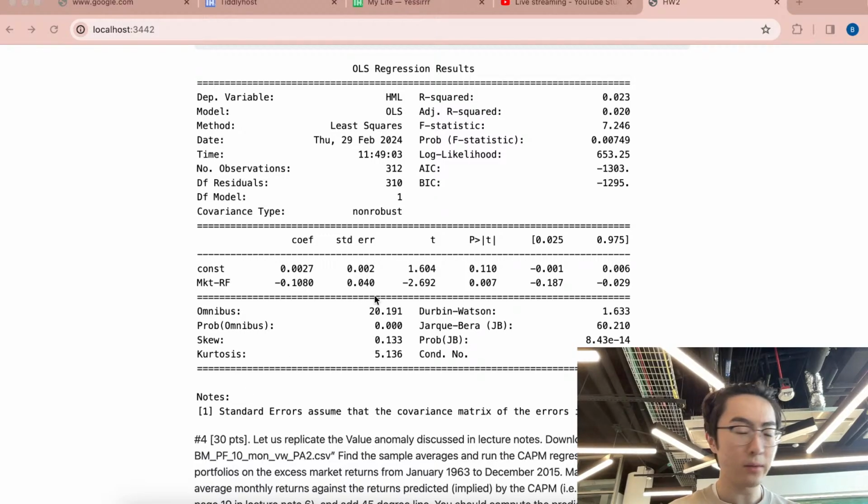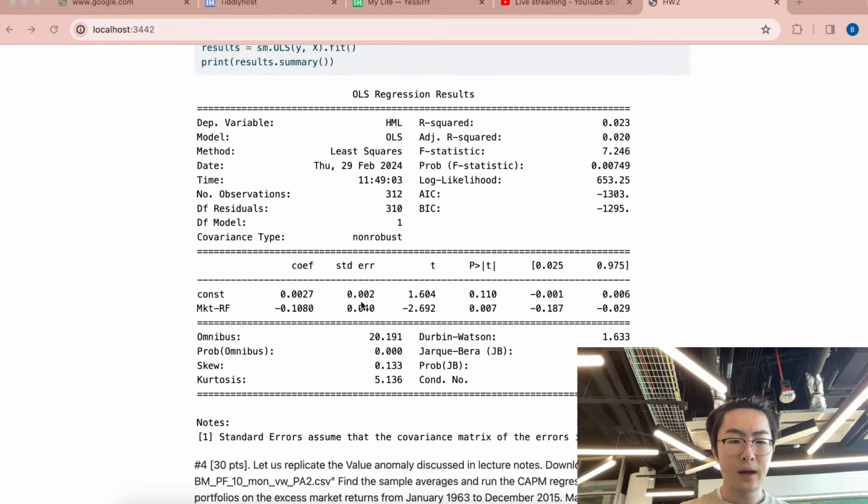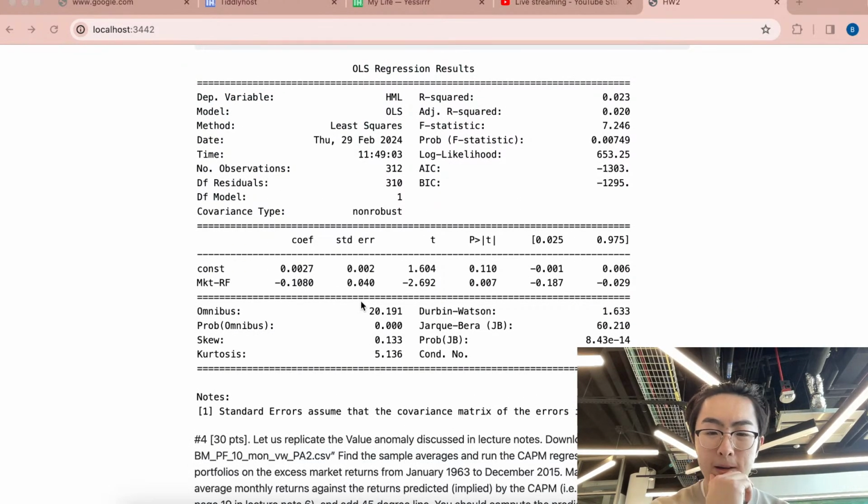Okay, so now we have a negative beta actually. I feel like this has more of an economic meaning behind it, because high book to market versus low book to market are value stocks versus growth stocks, and whenever the market is doing really well, meaning there's a really high excess return, market minus risk free, then you would expect growth stocks to outperform value stocks.